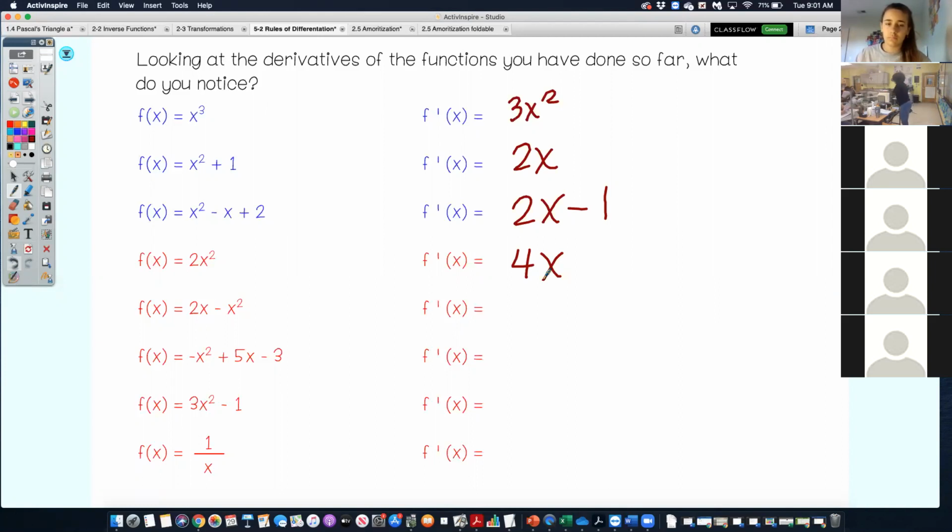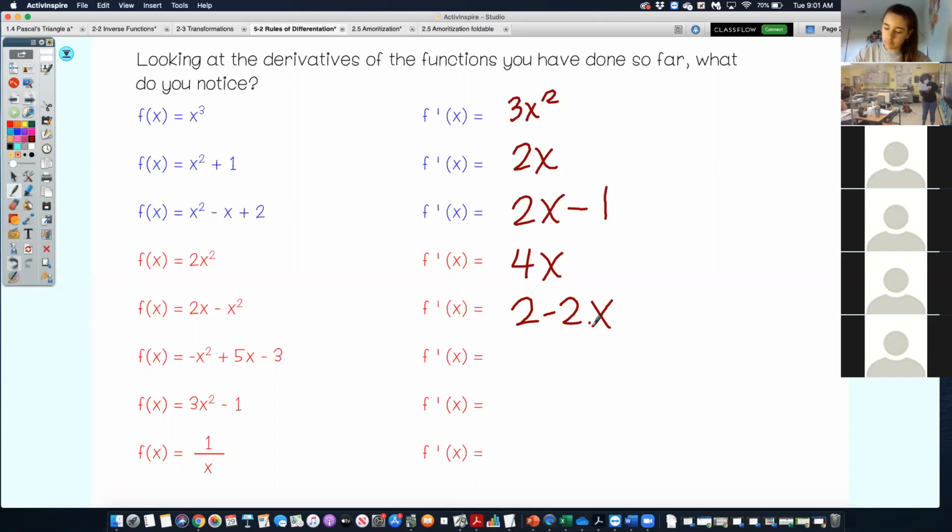I think that was number 16b when you did the formal definition. It was 2 minus 2x.